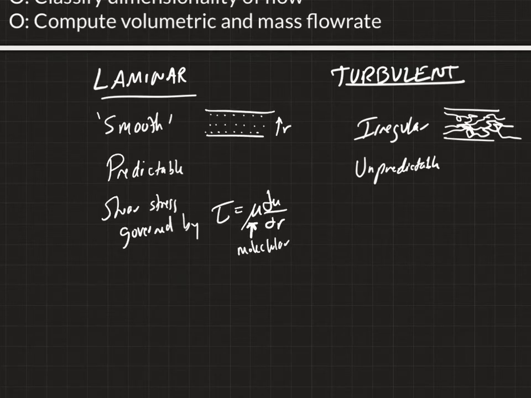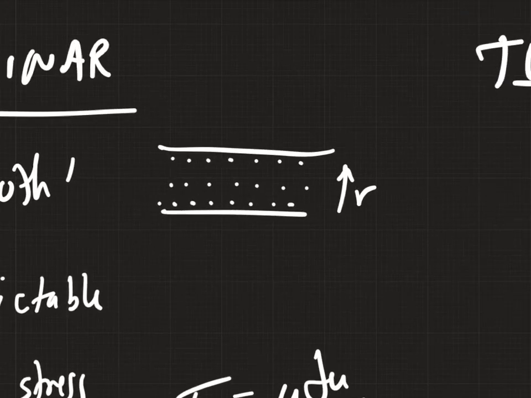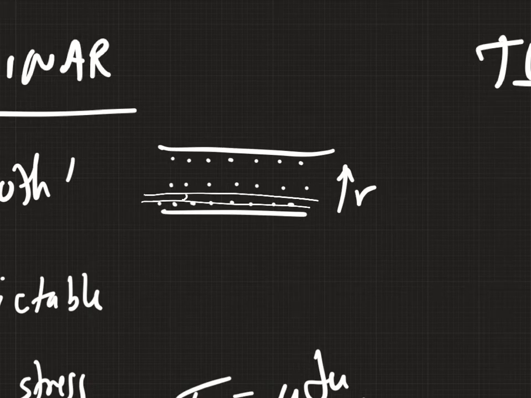If I zoom in, the particle in this row is going to interact with that one because of the random motions of molecules. And it just so happens that the molecular exchange is very, very small.